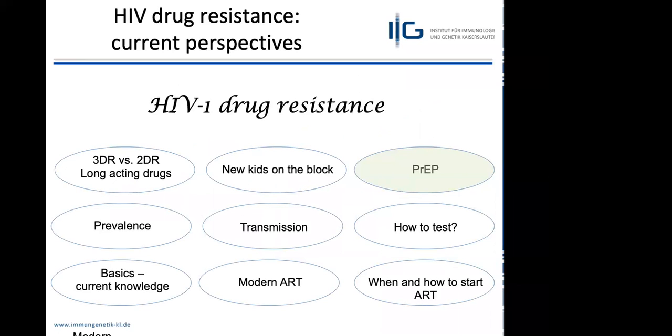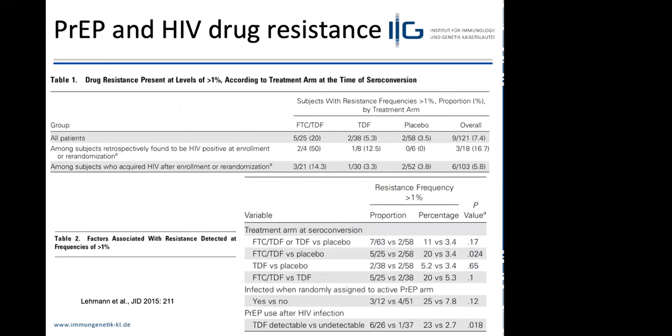So the last aspect we have to talk about is PrEP, pre-exposure prophylaxis. If we do use PrEP, drug resistance is an issue if we aren't testing the patients, or these patients already have acute infection at the time PrEP is starting.